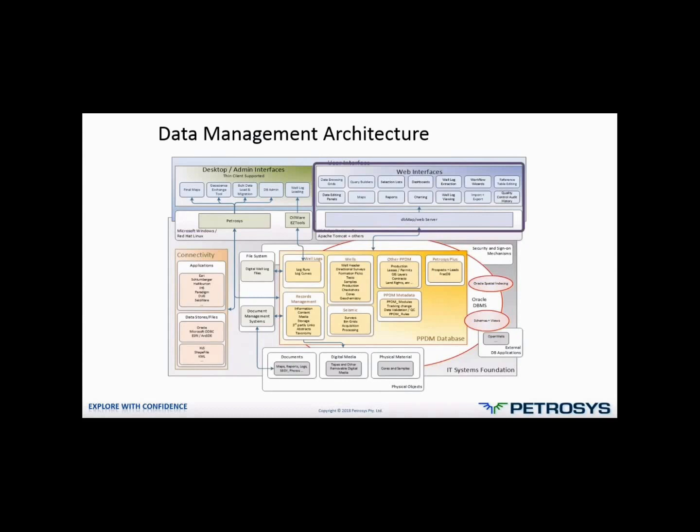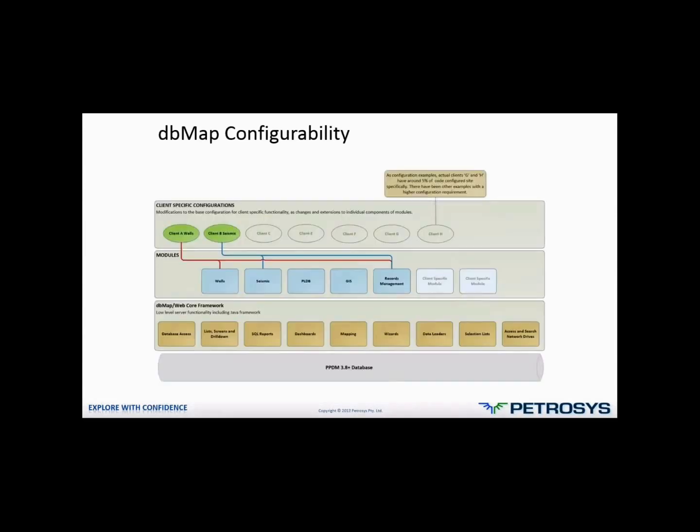We have the web interfaces, which we'll start off with shortly. We have the connectivity, which is how we'll exchange our data directly with companies like Esri and Schlumberger and Halliburton, and records management. So when a company chooses to work with our solution, they don't need to purchase all of the modules. Particular clients will take those modules that are relevant to their business.